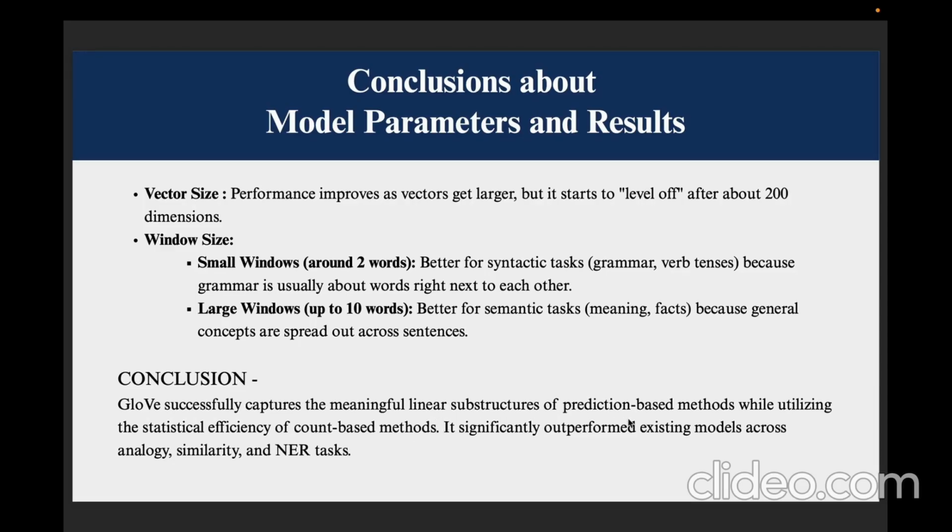It significantly outperformed existing models across the analogy, similarity, and NER tasks, the three evaluation metrics that we saw. Hence, we can conclude that GloVe was a really good model produced by the scientists of Stanford University, and it was high-quality research of that time.